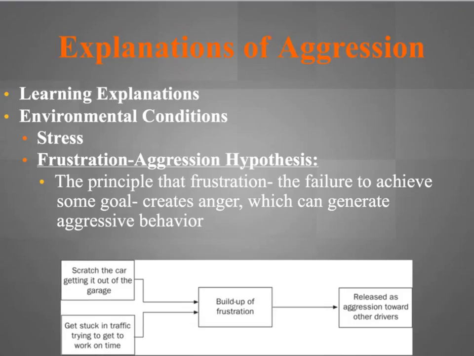Aggression can also be learned through modeling parent behavior, like we learned earlier. If parents only resolve their disagreements through arguing and fighting, their children may do the same. Environmental conditions like stress can lead to aggression as well, but the most important environmental condition that you should know is the frustration-aggression principle. This is the principle that frustration from the failure to achieve some goal creates anger, which can generate aggressive behavior.